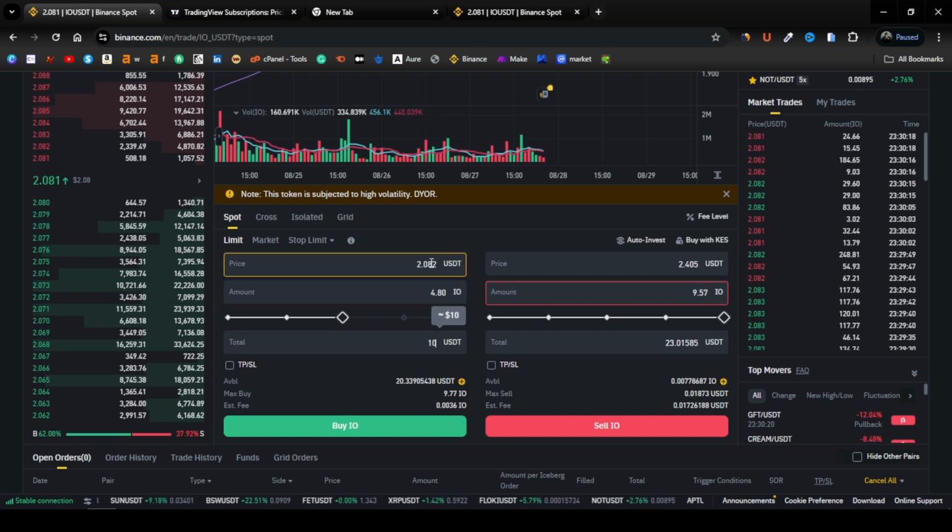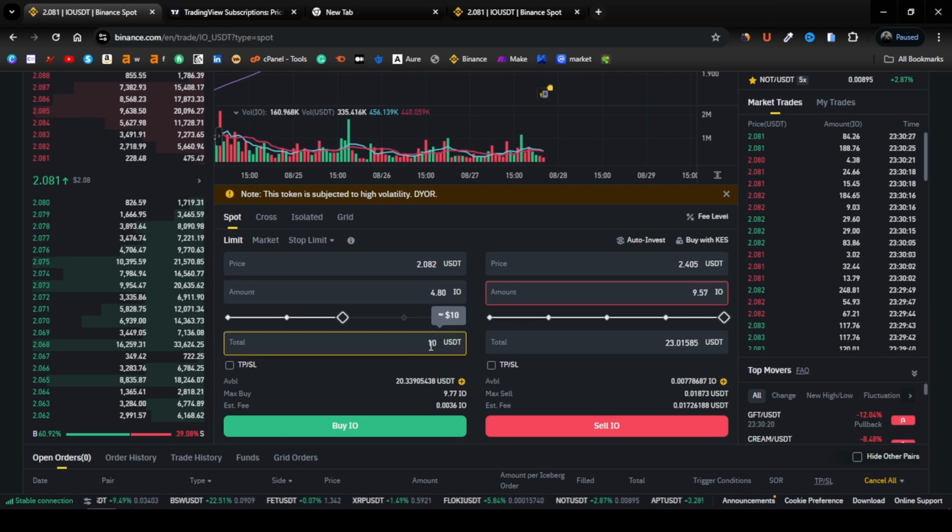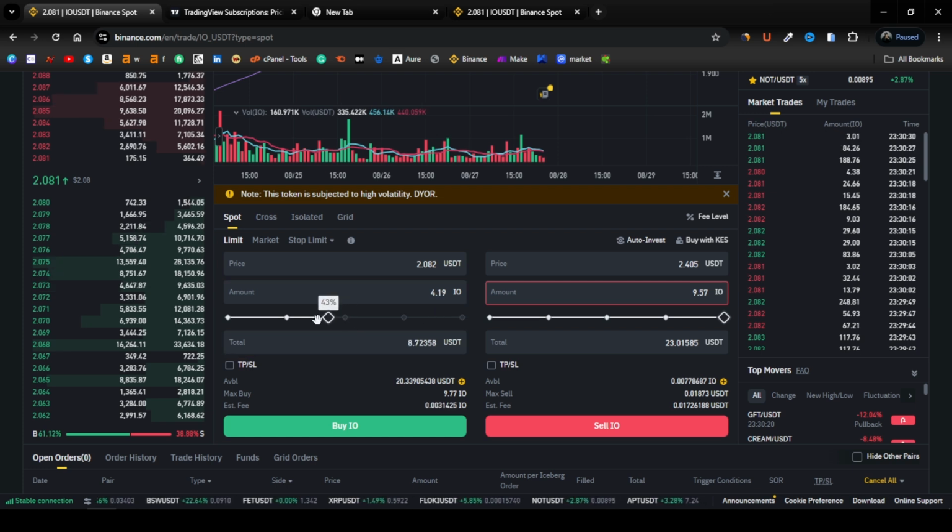So you input the price here, the price you want to buy the token at, and then you come here and you choose the amount. You can use this slider here.